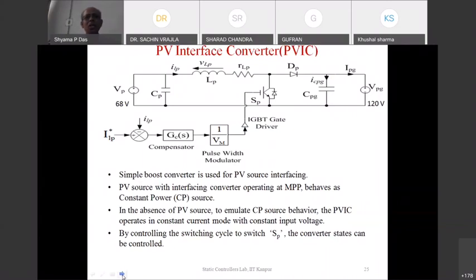The actual inductor current ILP is sensed by a Hall sensor, and the two are compared, and then a compensator decides the switching pulses of the IGBT. So the IGBT is operated in boost mode to control the current, with 68 volt on the input side and 120 volt on the output side. Next slide, please.